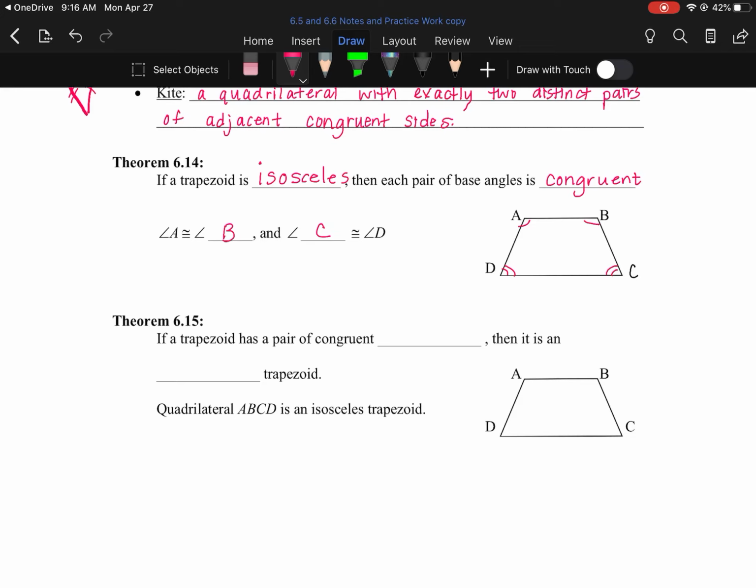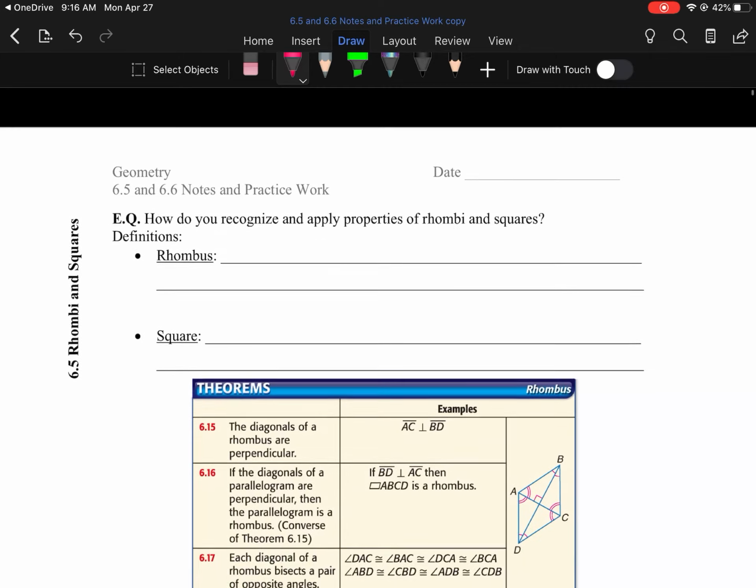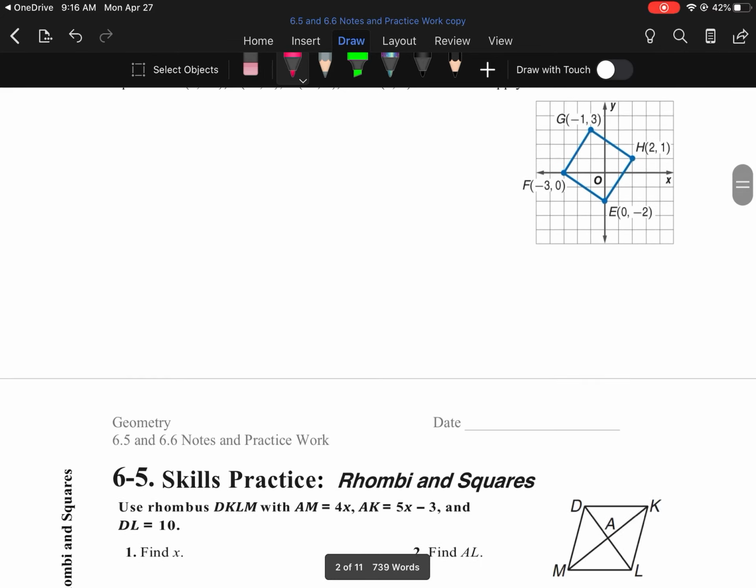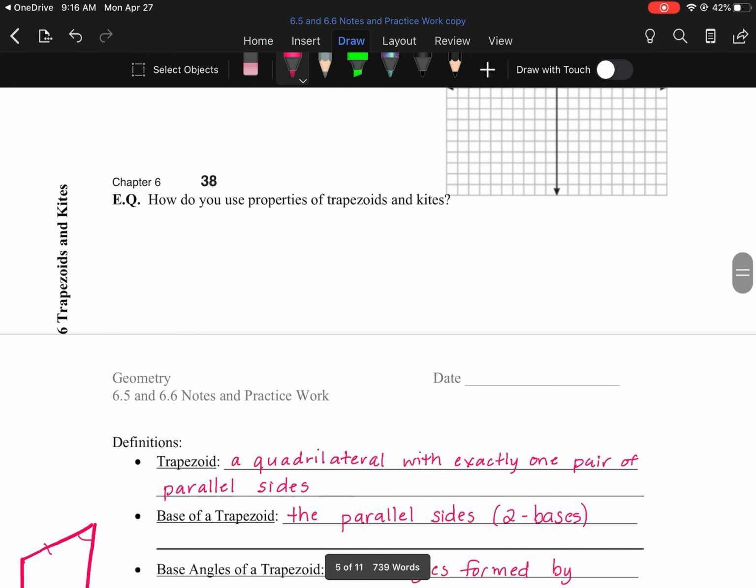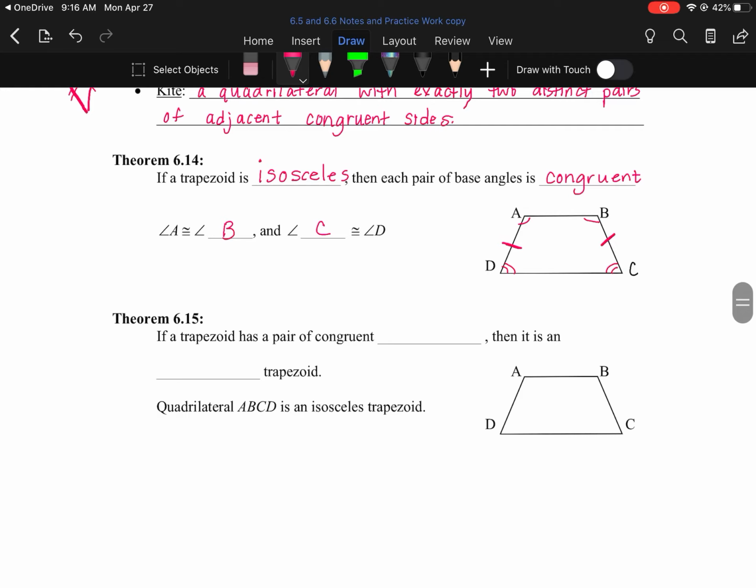So for an isosceles trapezoid, I need to put some other segments in here. We need to show that these two are parallel.